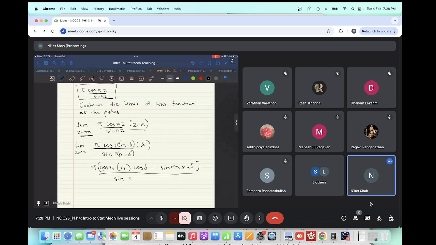So limit z tends to n, pi cos pi n cos delta. Cos of pi n gives me, cos pi is minus 1, cos 2 pi is 1.